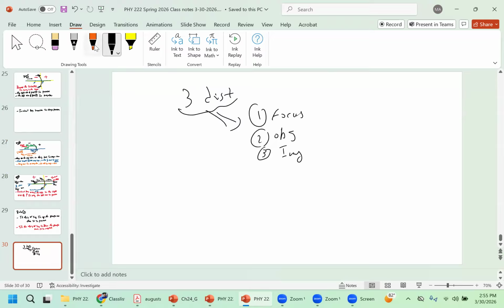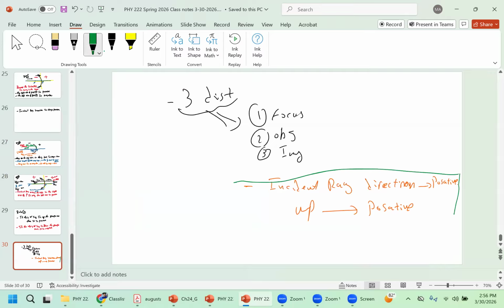And from those, the incident ray direction is positive. And if the image is up, it is positive. Okay, with those 3 signs.